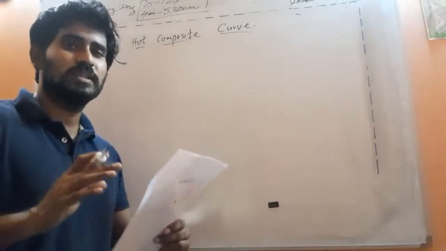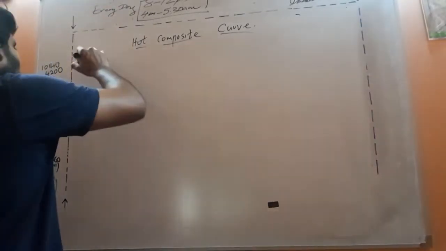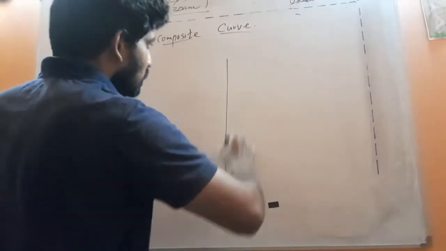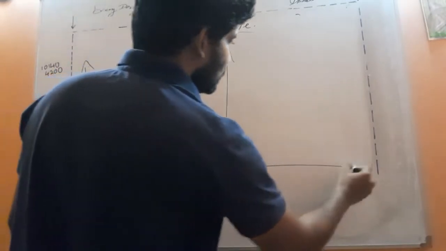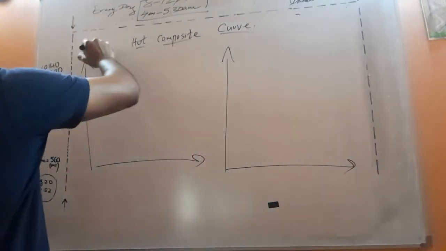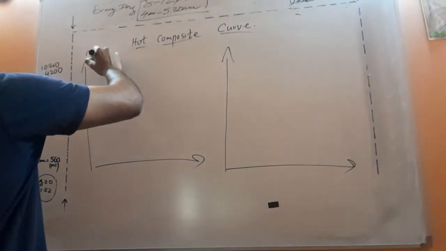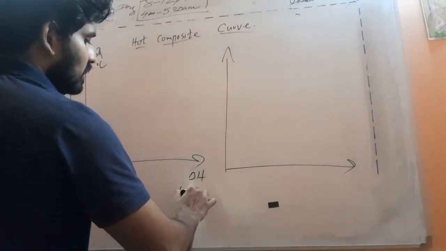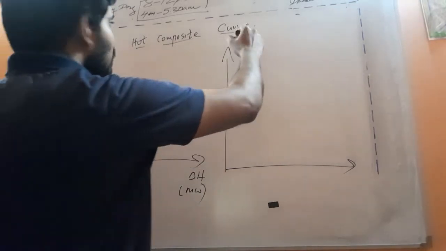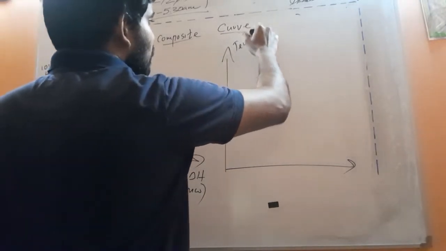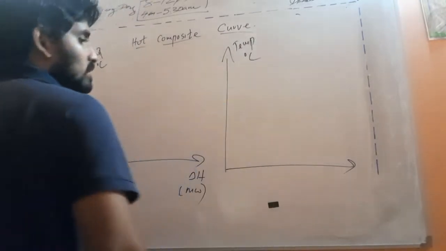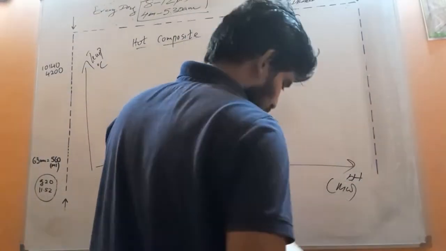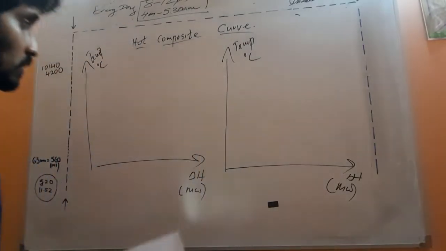So now you need to sketch two axes, right? Two axes. This is temperature in degree Celsius, and this is delta H in megawatts. This is also temperature in degree Celsius, and this is delta H in megawatts.